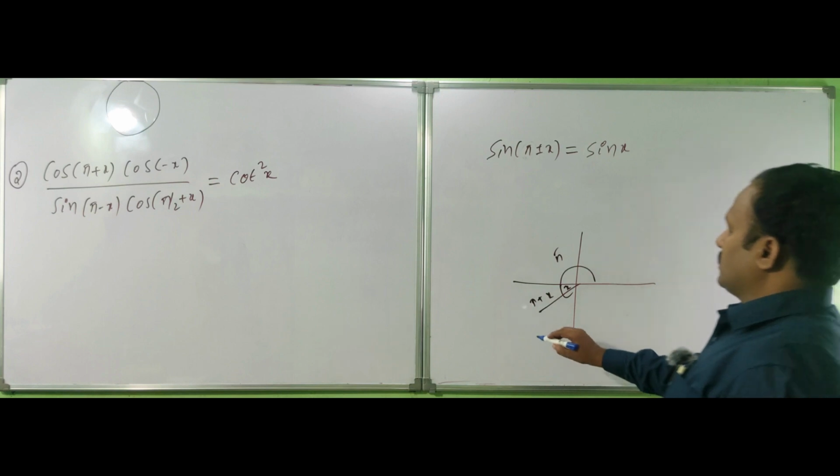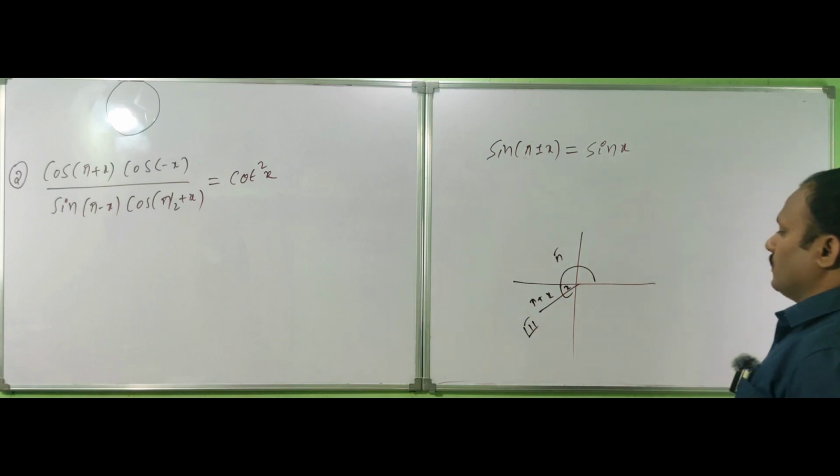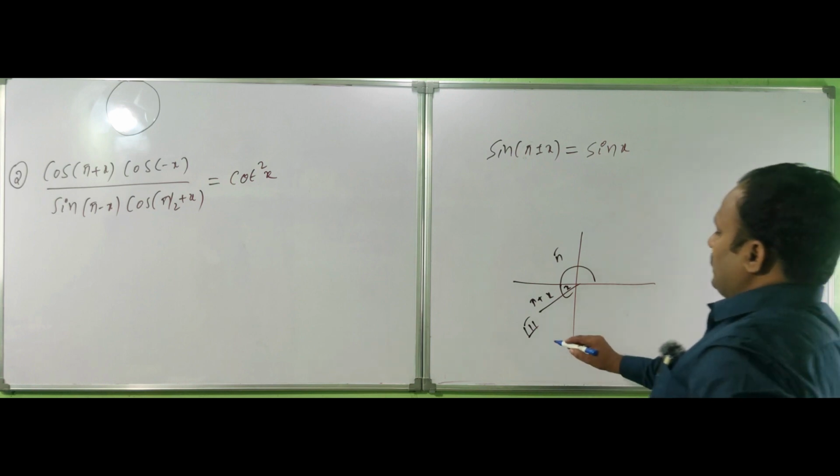This is the third quadrant, so only tan is positive, meaning sin and cosine are negative.